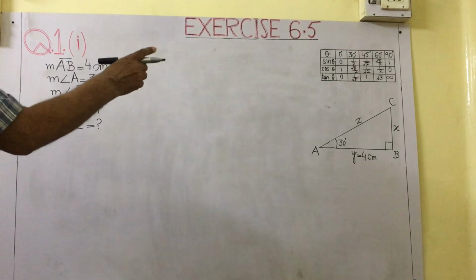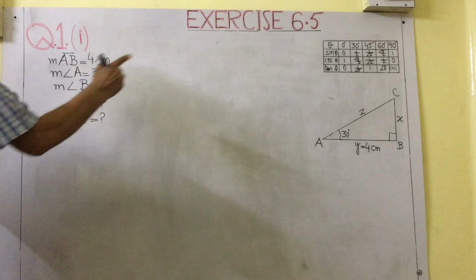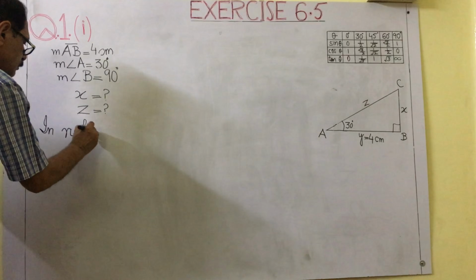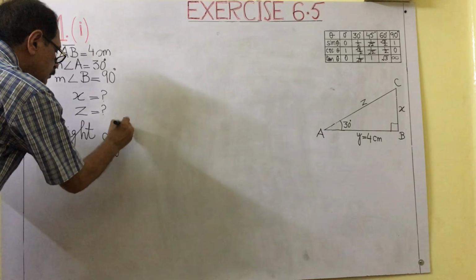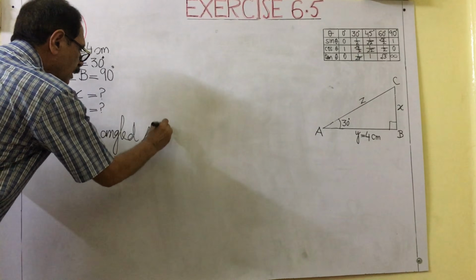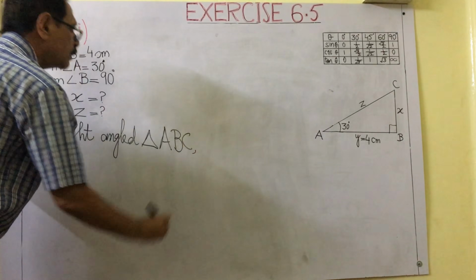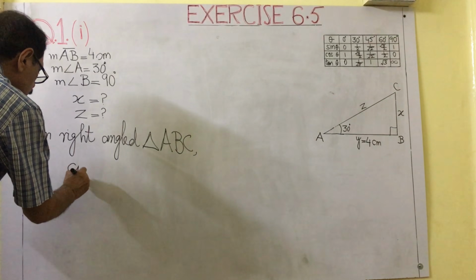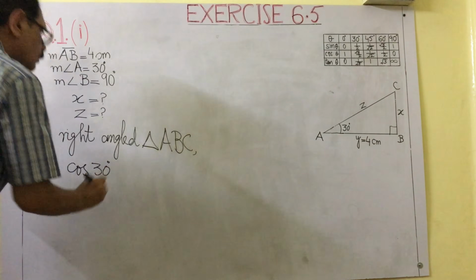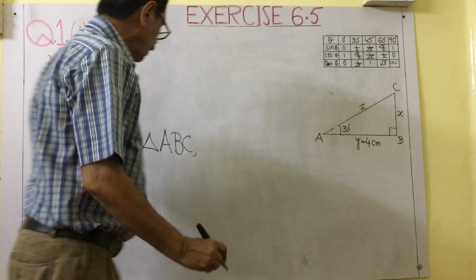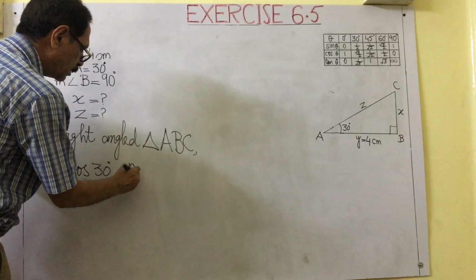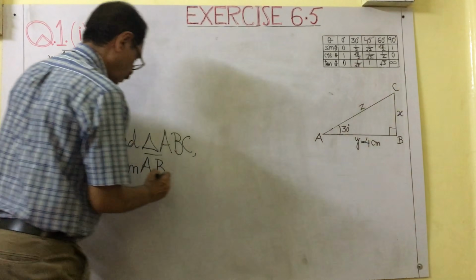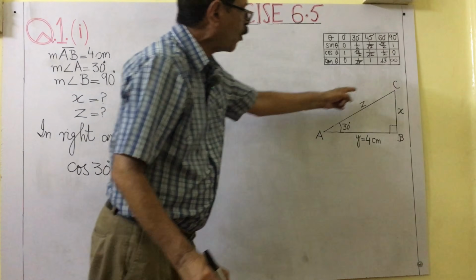First of all, you see in right angle triangle ABC, cosine of 30 degrees is equal to base, that is AB, over hypotenuse.